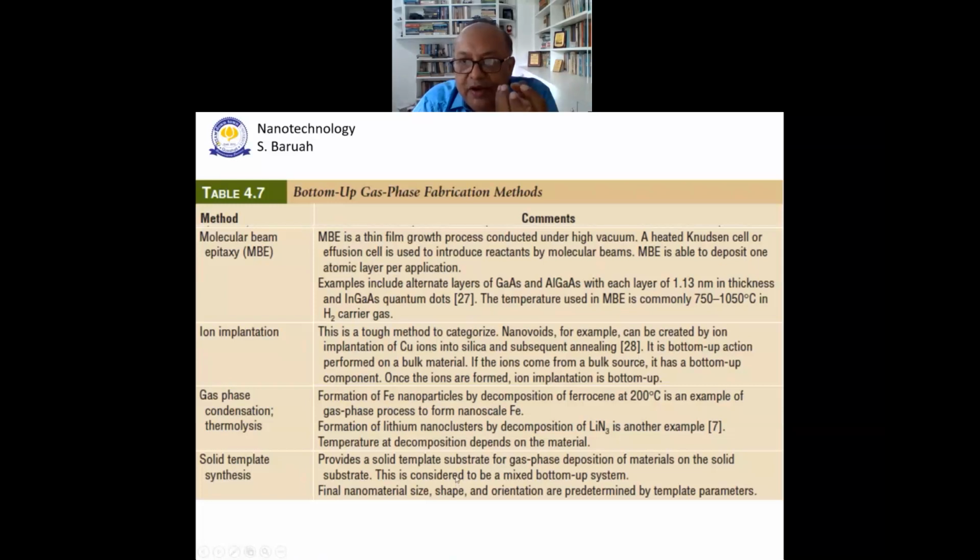That means we have the substrate and then we deposit atoms in the gas phase, and the end result is a nanomaterial. Right? So this is considered to be a mixed bottom-up system. Again, like I told you, like the ionic thing, you vaporize, that means it's a mixed system. Okay, it's a top-down, bottom-up mixed system. Final nanomaterial size, shape, and orientation are predetermined by template parameters. Okay.